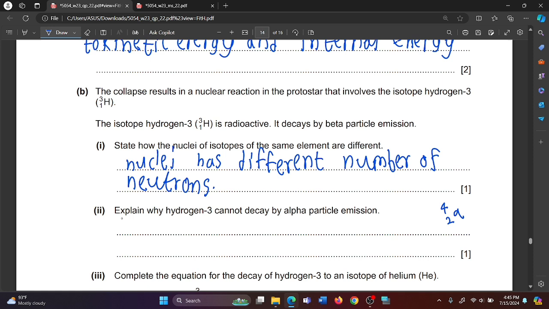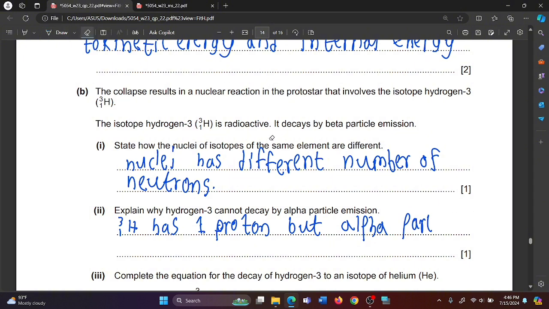So let's write 3H1 has 1 proton, but alpha particles require, let's erase this part, particles have 2 protons.